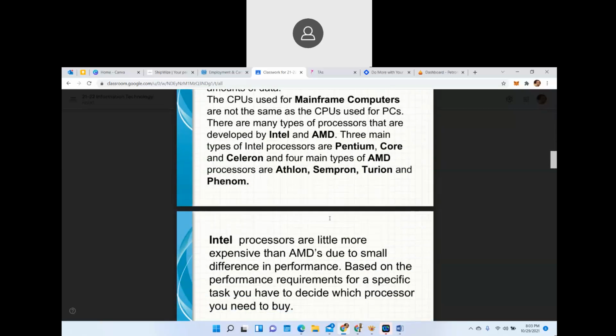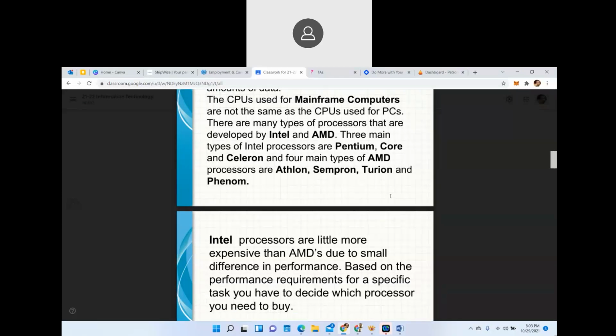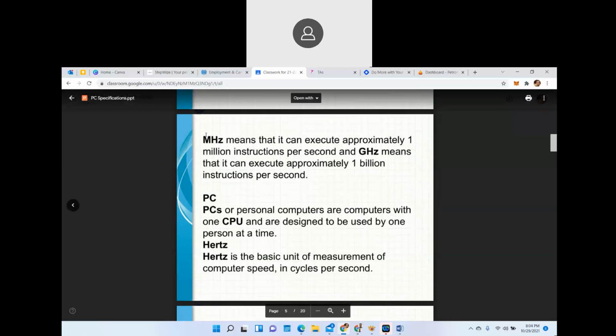All right. So I was talking about processor types before, right? Some common processor types are Pentium, Core, Celeron. For AMD, it would be Athlon, Sempron, and Turion. Sir, you were giving some notes on MHz. Okay, hold on. So you want to write this down?